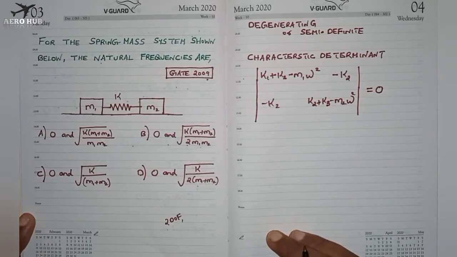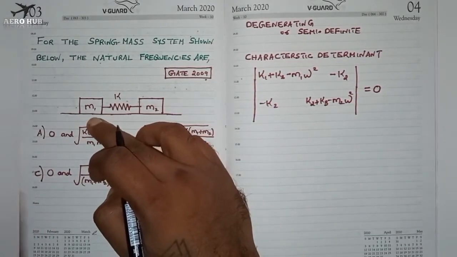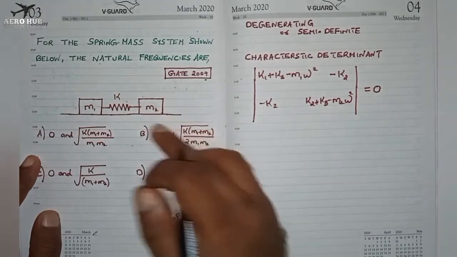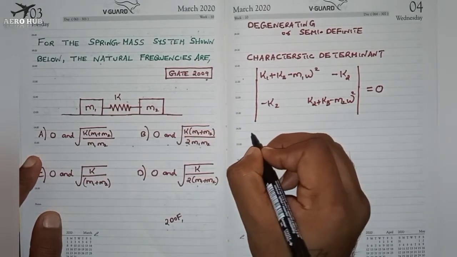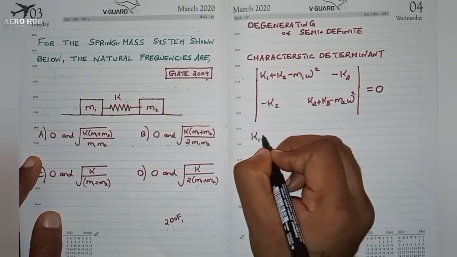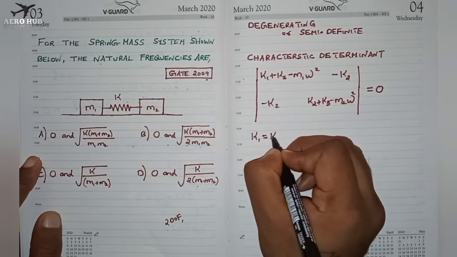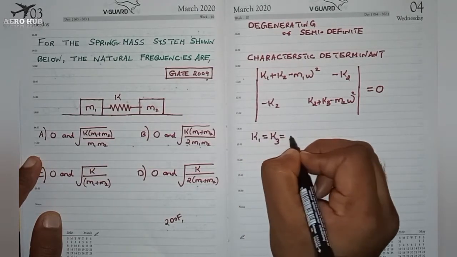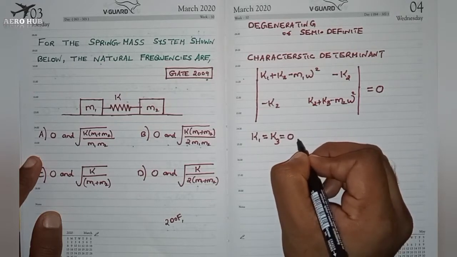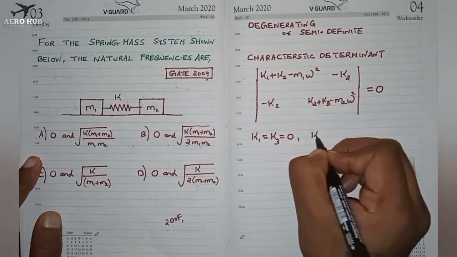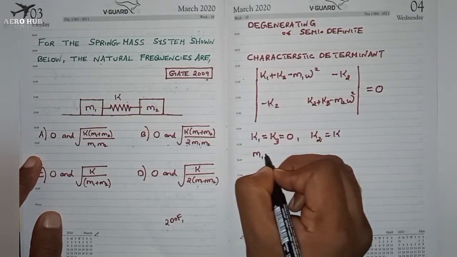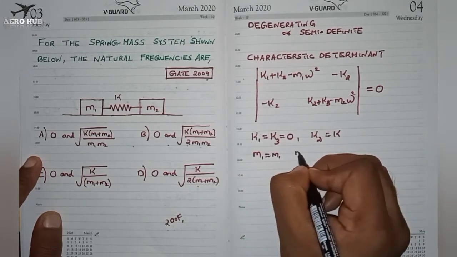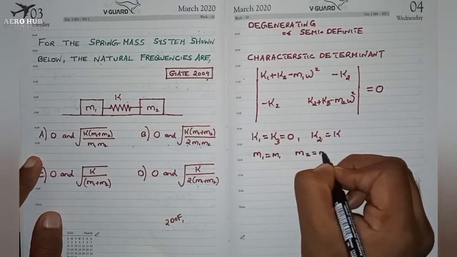As you can see in the figure, we have m1, m2 and a common stiffness here. So in this case the value of k1 and k3 will be equal to 0, and the value of k2 will be equal to k, with m1 equal to m1 and m2 the same m2 here.